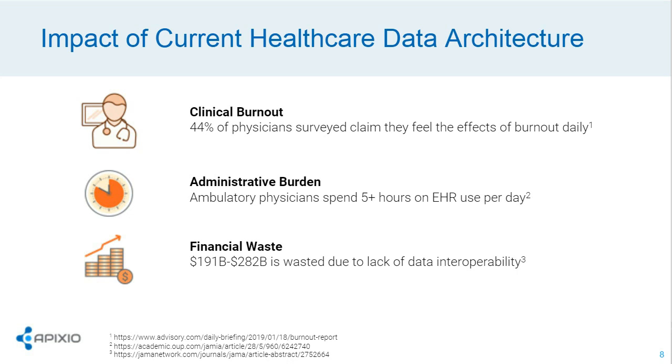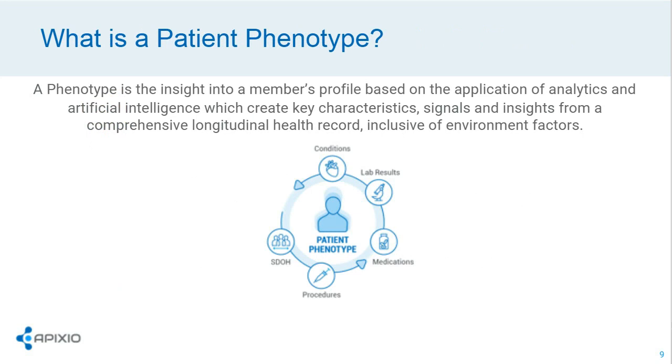We've been talking about phenotype. Brian, maybe you can help the audience and dive in. Yeah, I think it's good for us to double click for a moment on phenotype. And this is one of many definitions that I think Pixio and you and I have been working to refine. Phenotype really is that insight into a member's risk profile, member's quality profile, or just in general that profile to help you drive various actions.